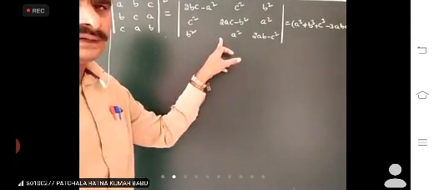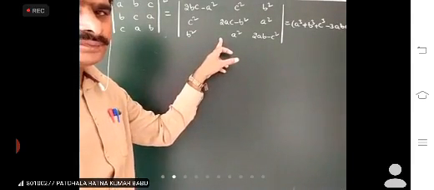So here first we prove that X equal to Y. That means the square of this determinant is equal to this second determinant.